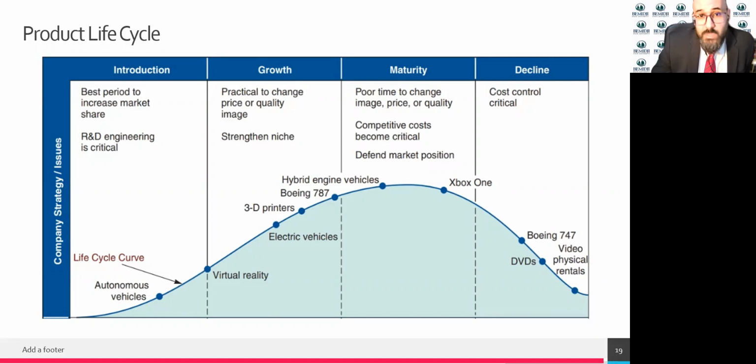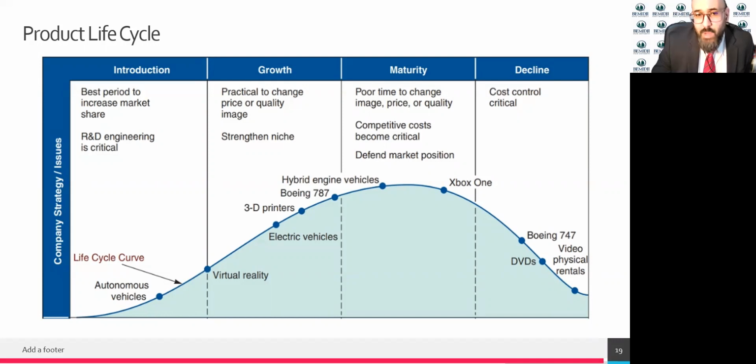Now, the third phase is maturity, which is your goal. As the operations manager, you need to extend the maturity phase. You don't want to change anything on the price or quality. Maybe you could decrease the price, but not increase it. You may improve the quality. Competitive costs become critical, because more competitors are coming into the market.